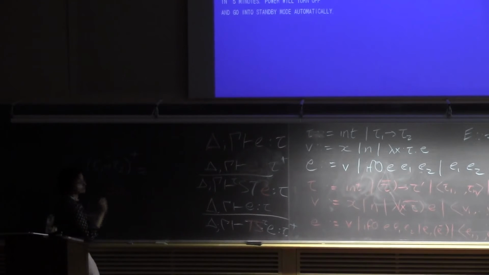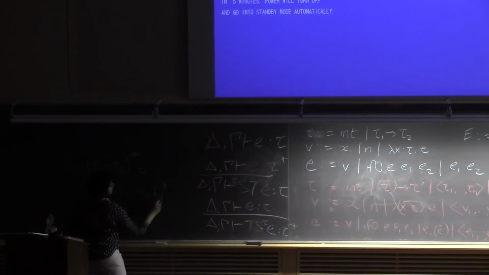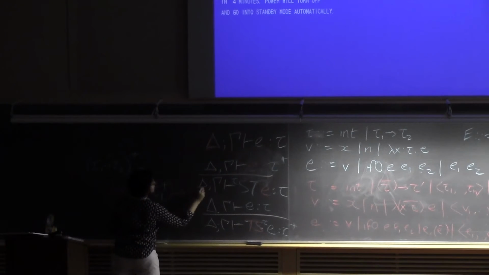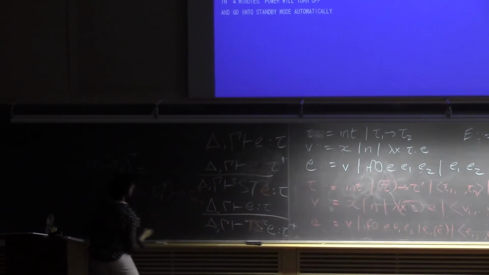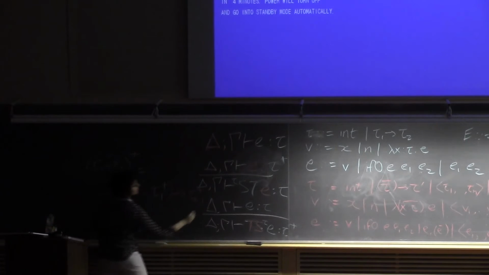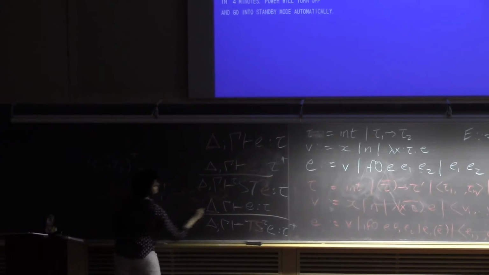exists alpha, tau 2 plus, comma what? So it's this whole thing paired with an alpha.